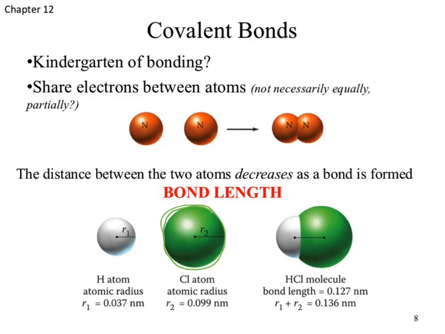If these two things are now going to share electrons, what must happen to those circles? What's happening with those two circles?